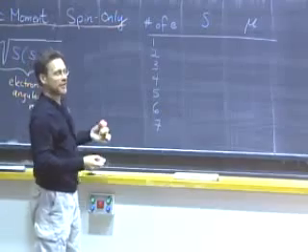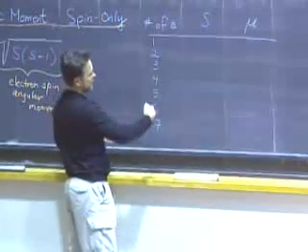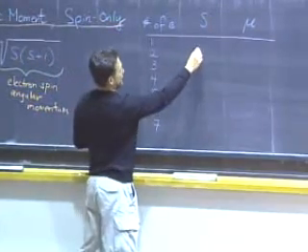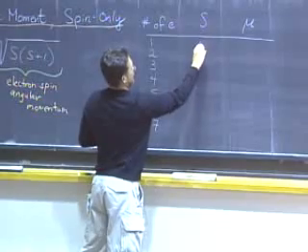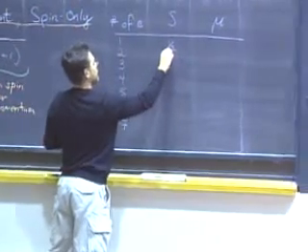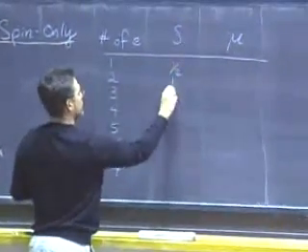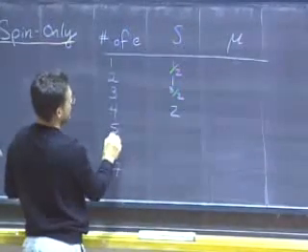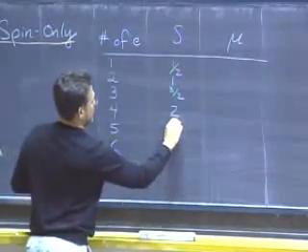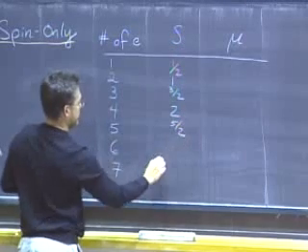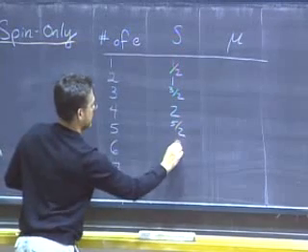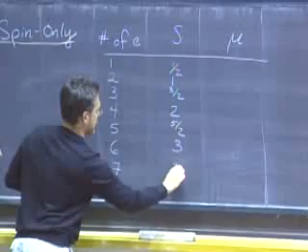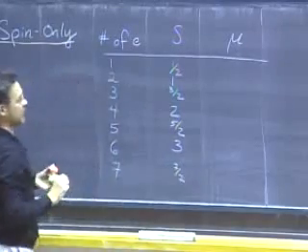But nonetheless, we can easily make these predictions the same way. And so S would be 1/2 for 1 electron, 1, then 3/2, then 2 for 4 unpaired electrons, then 5/2 for 5 unpaired electrons, then 3, and then 7/2 finally for 7 unpaired electrons.